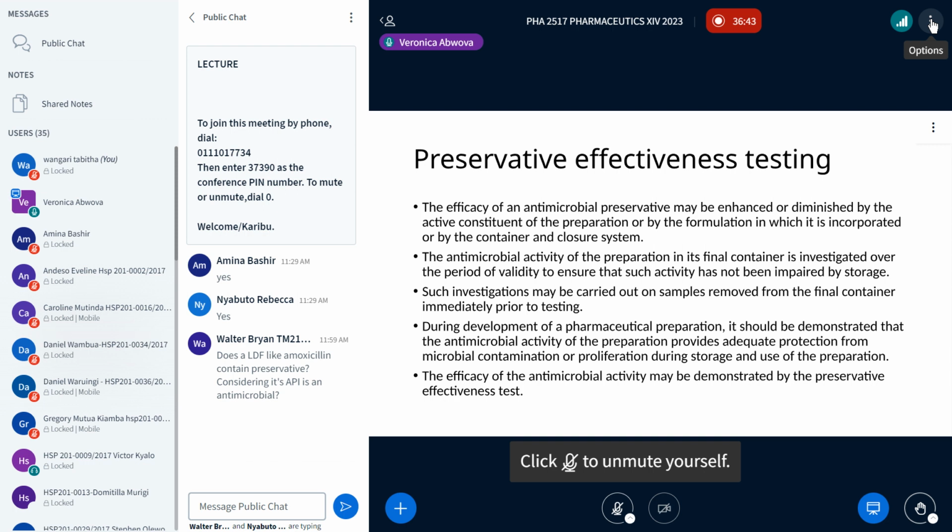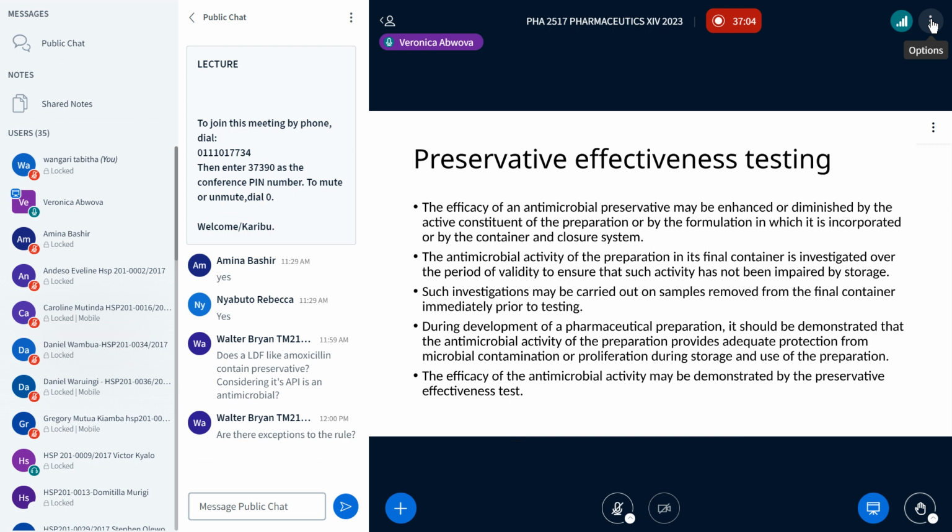So I hope that is taken care of. But if you have access to some of these products on the market, you can look at them and find out. When we talk about exceptions, what are we looking at? Think of a scenario like the eye products that we are talking about. What are some of the infections you would find in the eye?